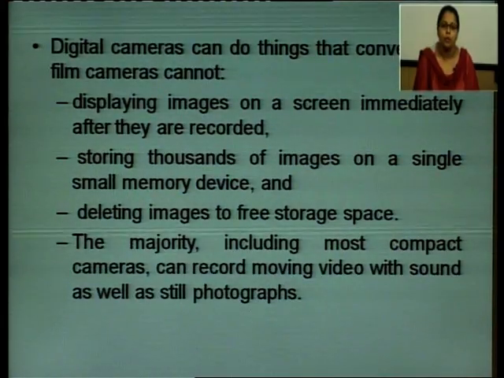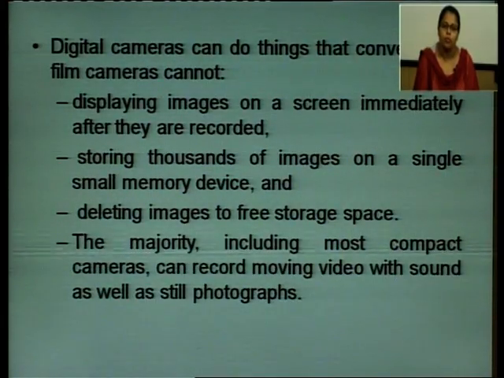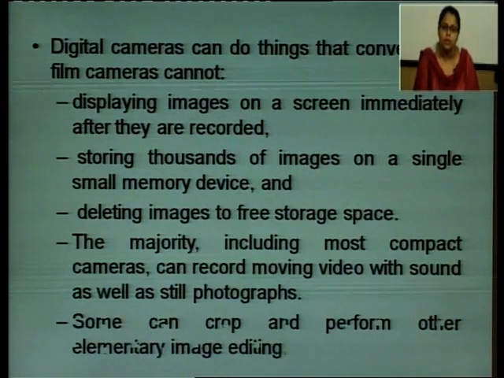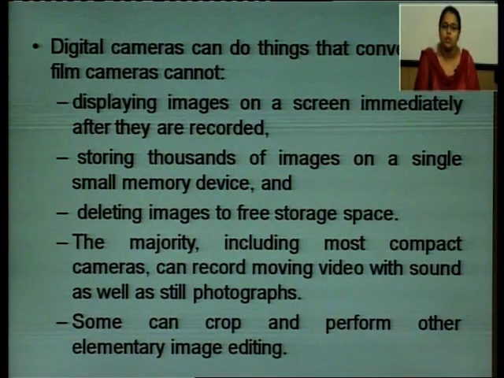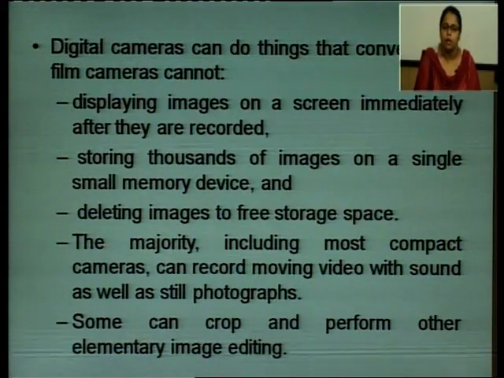The majority, including most compact cameras, can record moving video with sound as well as still photographs. Some can also crop and perform other elementary image editing. That means in addition to capturing the images, they also provide image editing features.